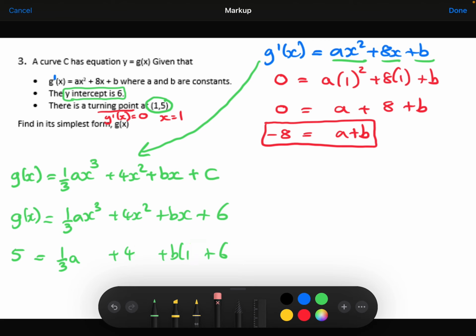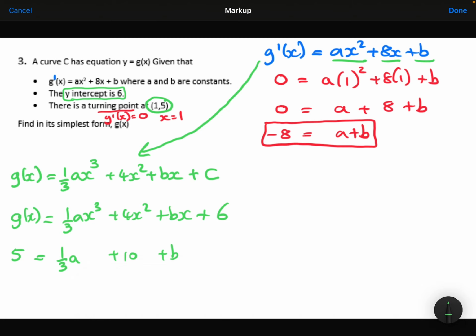And then b times 1 is just going to be b. The 4 plus the 6 is 10. And then I'm going to subtract 10 from both sides. 5 take away 10 is minus 5.